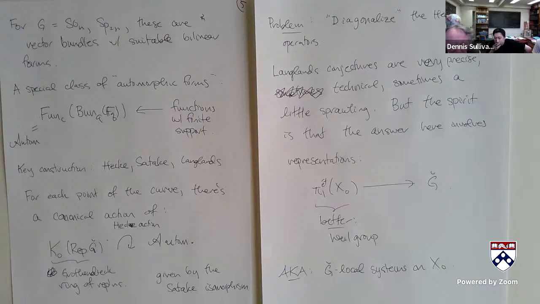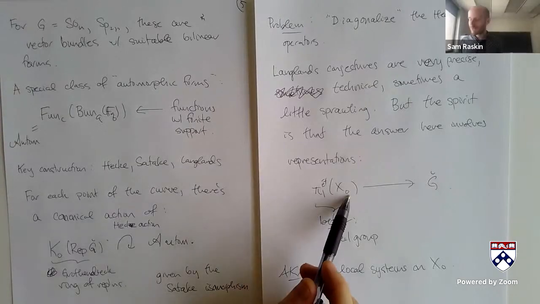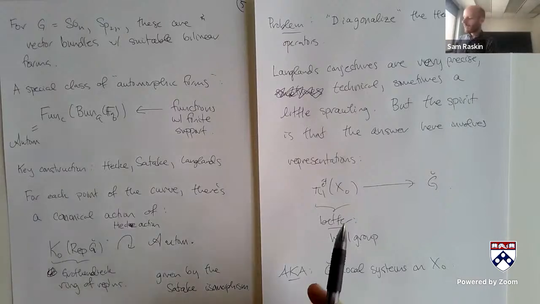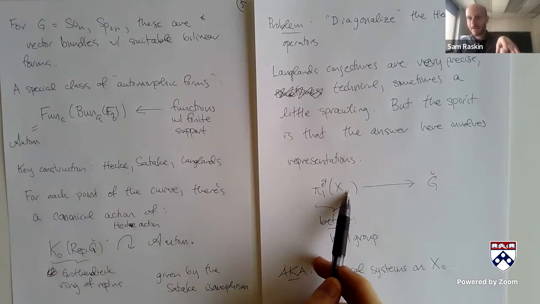Question: does pi 1 of X naught mean X with that as base point or X with that as a puncture? X naught, that's a great question. It's because of notation I'm just using because I'm used to it and not because it's super relevant to the talk. X naught for me is defined over a finite field.